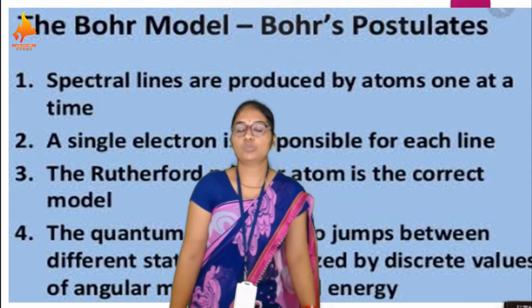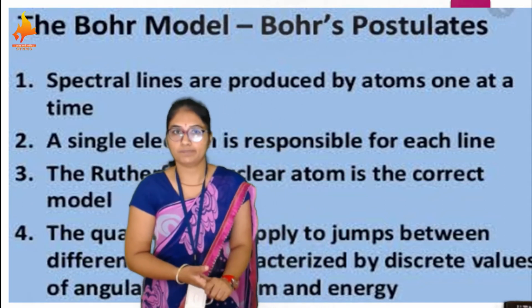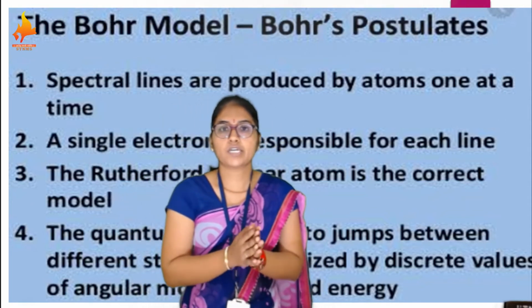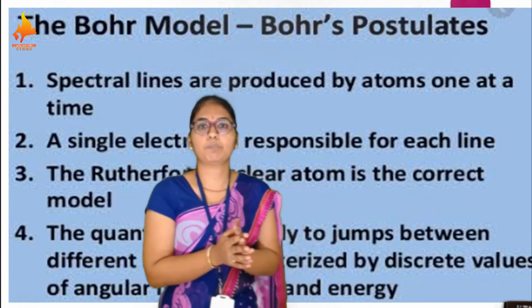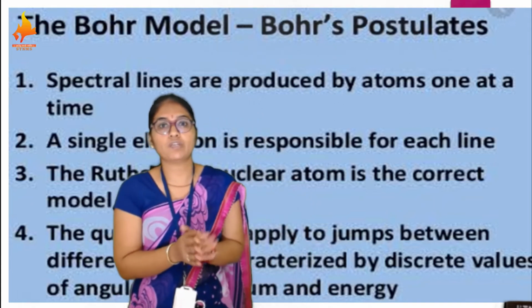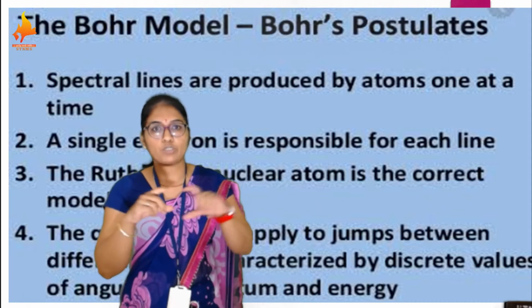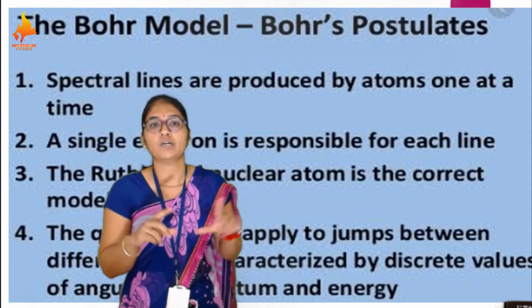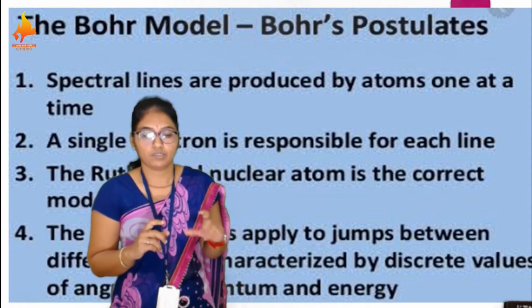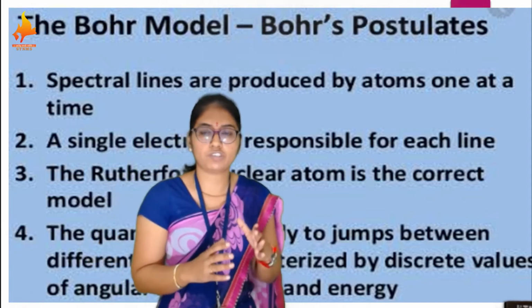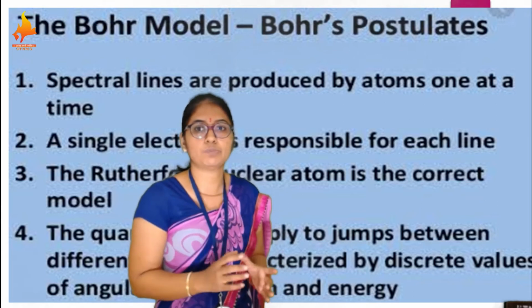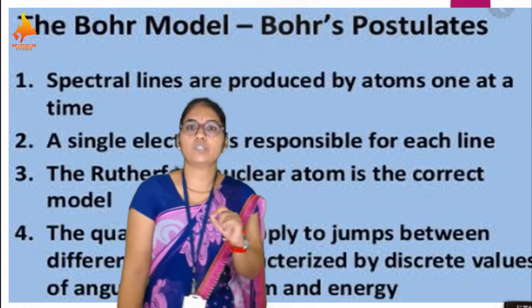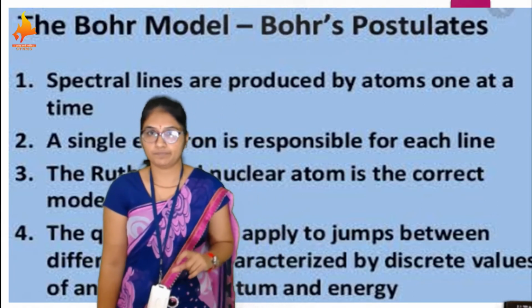So what are the postulates of Bohr's atomic model? He explained that spectral lines are produced by atoms one at a time. It means that an atomic spectrum, not molecular or compound, will give a single line, and by that we can identify which atom is there and how the electrons are arranged. A single electron is responsible for each line.